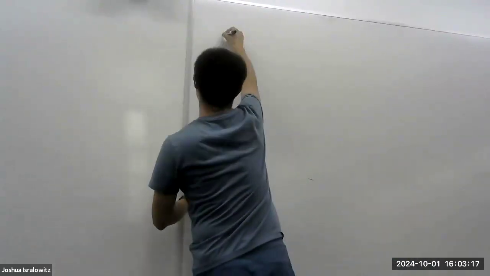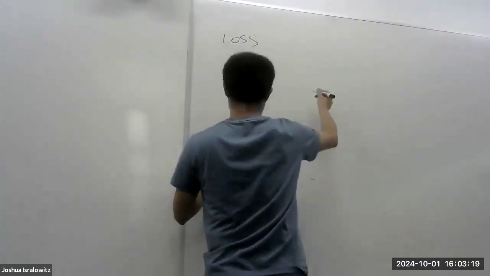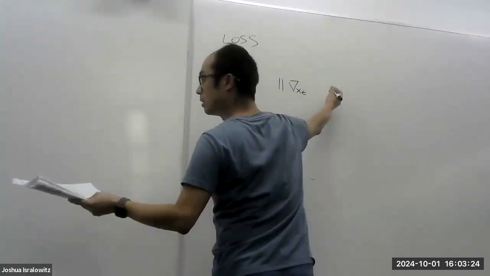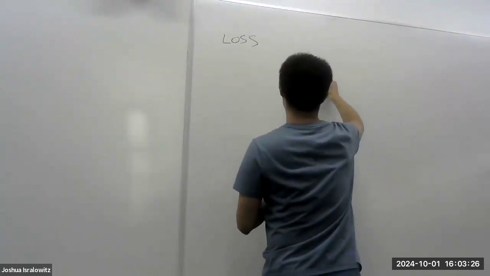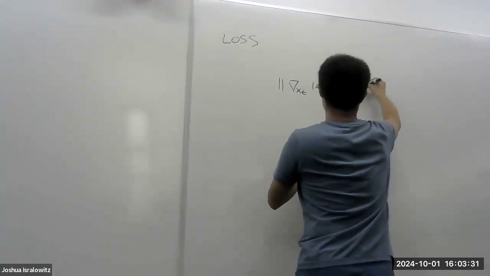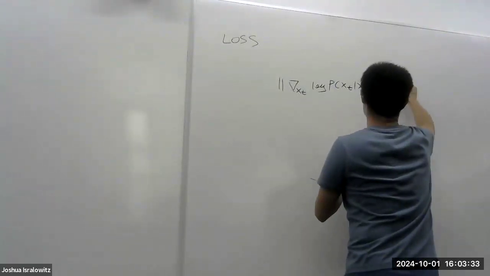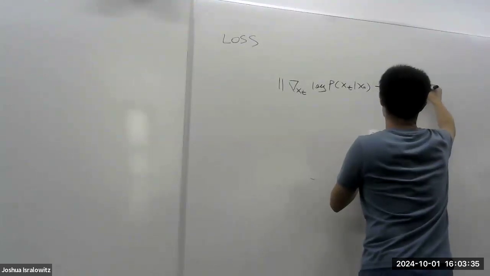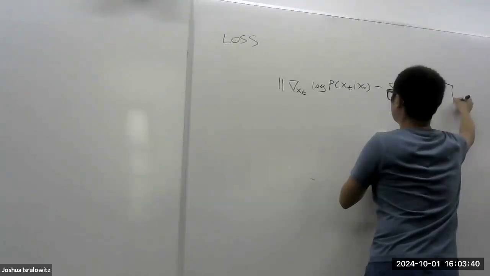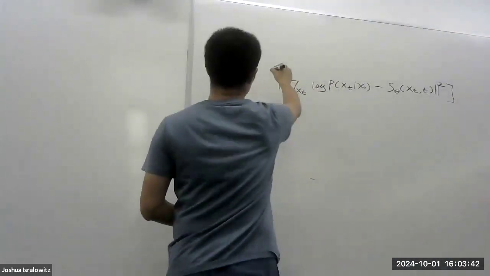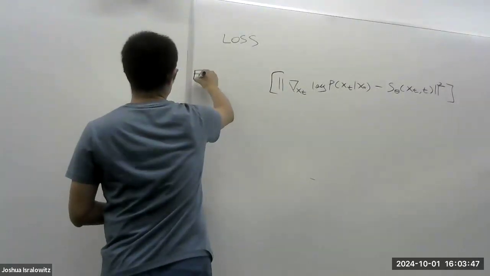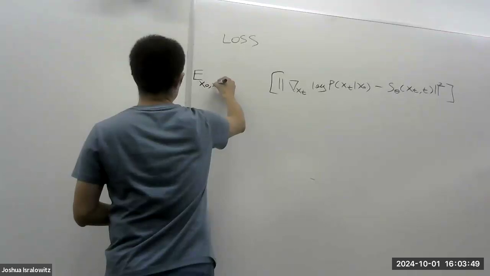The loss we proposed is the gradient of xt of the logarithm of p of xt given x0, minus s theta of xt. Right here, you actually need to sample x0 and xt.